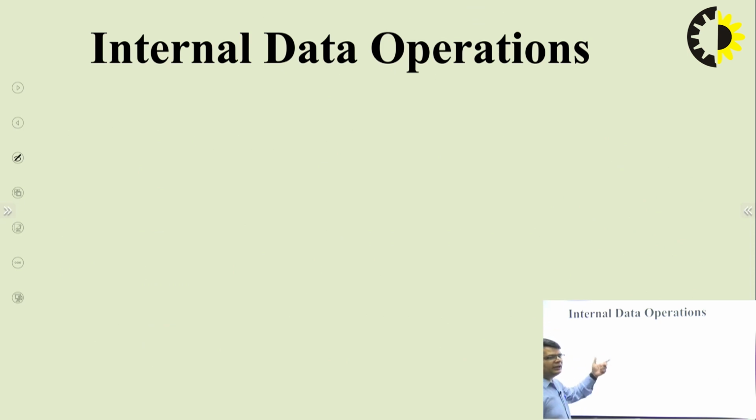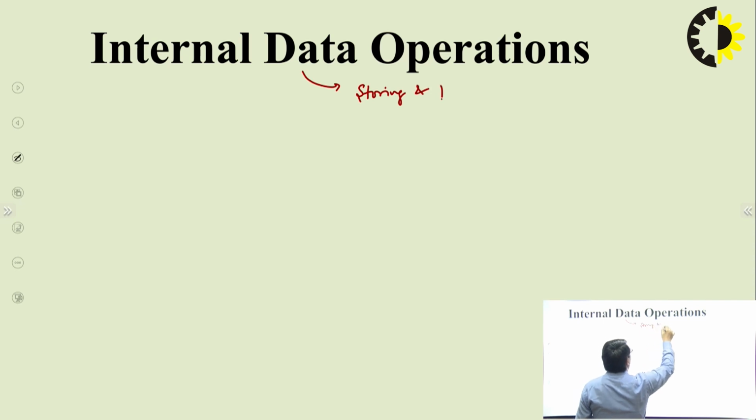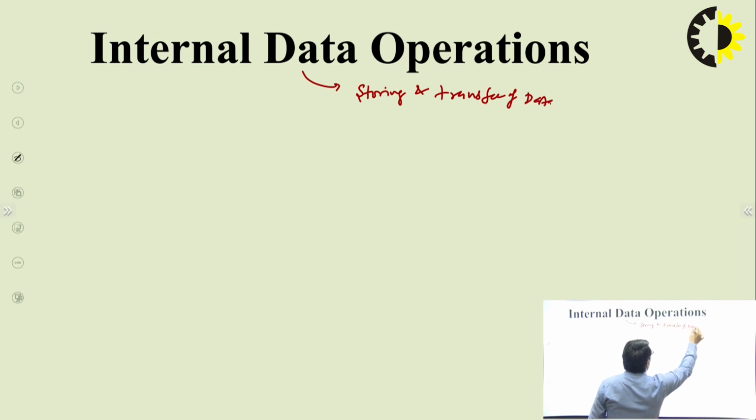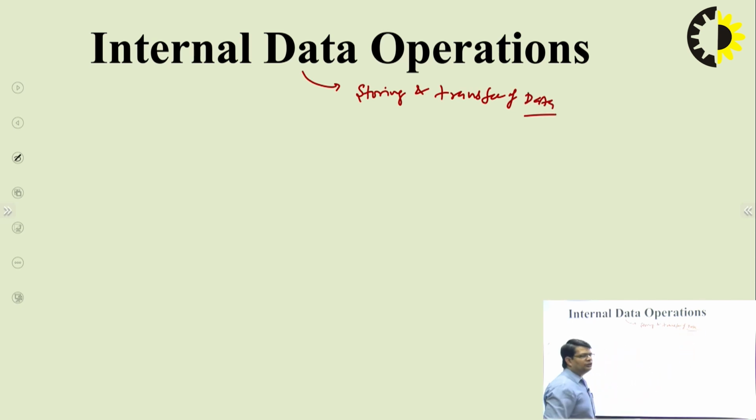Next, second category is internal data operations. Basically this deals with the storing and transfer of data during the execution of any program or instructions by the microprocessor.